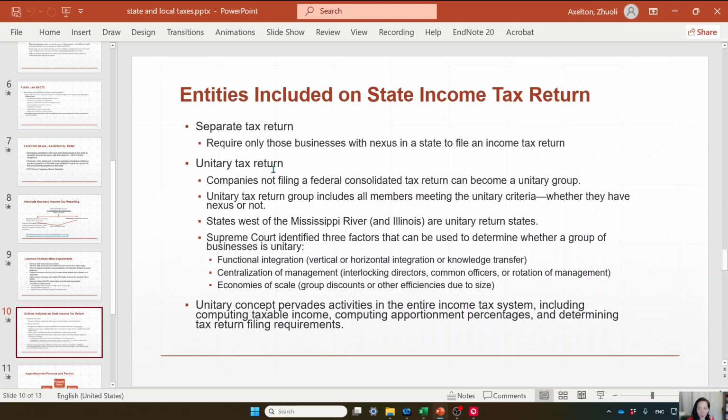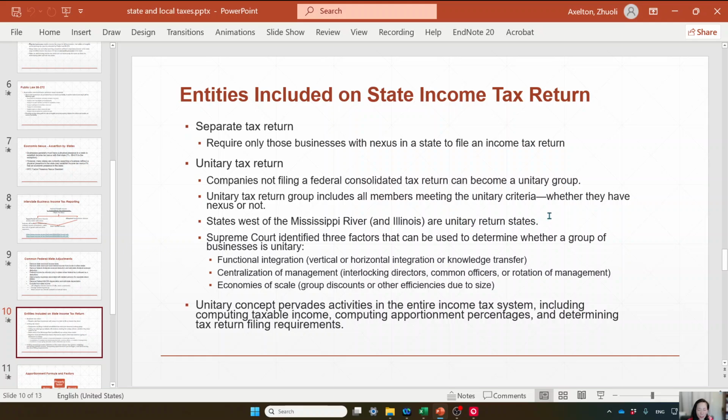In this case, companies not filing a federal consolidated tax return can also become a unitary group. A unitary tax return group includes all members meeting the unitary criteria, whether they have a nexus or not. The states west of the Mississippi River and Illinois are unitary return states.